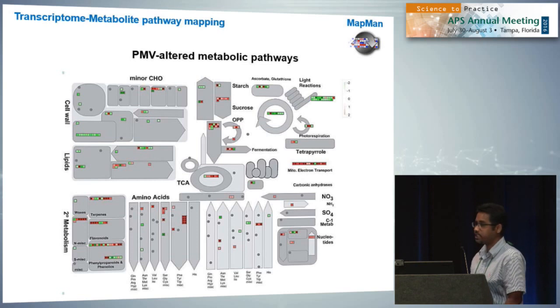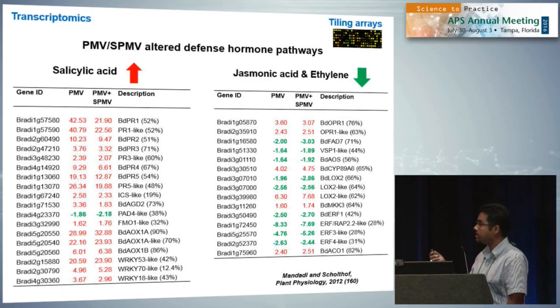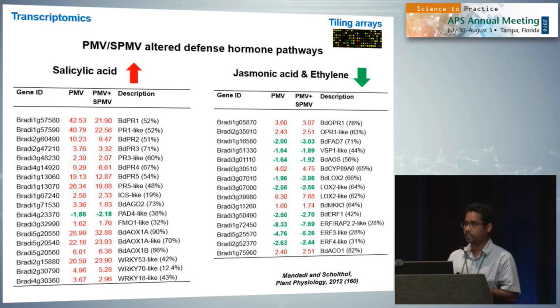But what we're interested in is mostly defense signaling pathways, so we focused our analysis on plant hormones and their signaling, and the genes involved in plant defense hormone signaling. You may be familiar with salicylic acid, jasmonic acid and ethylene as the major plant defense hormones mediating the interactions.